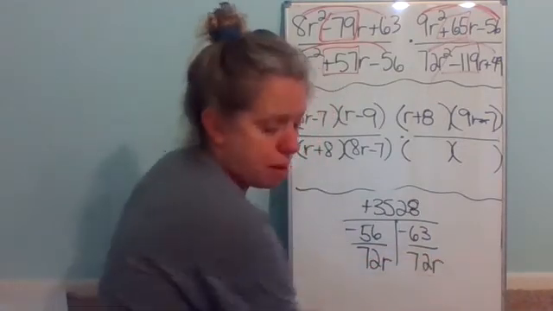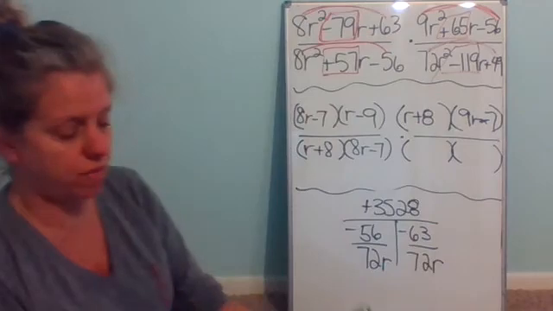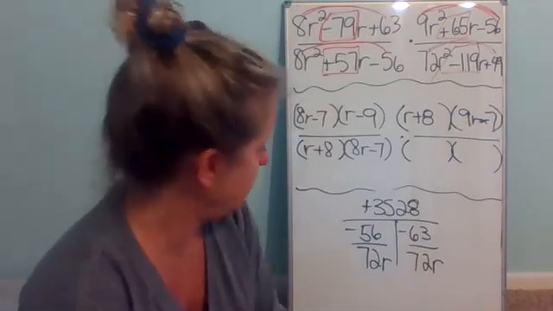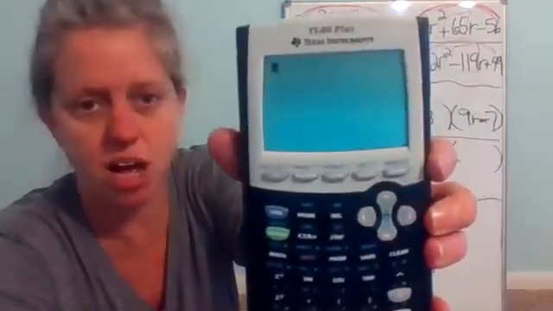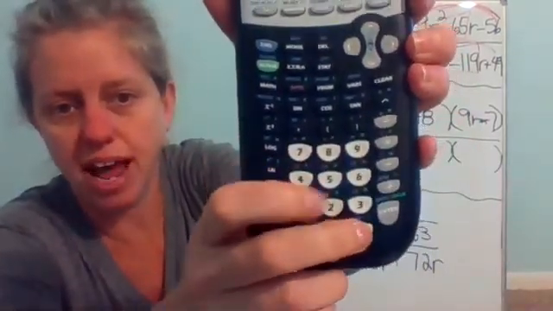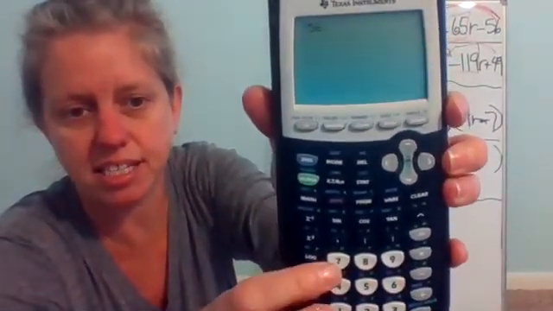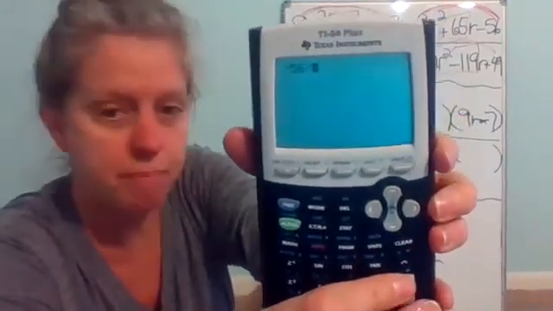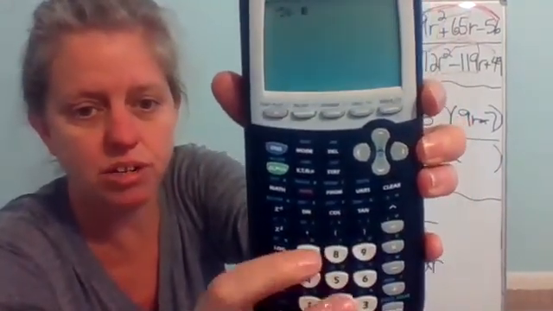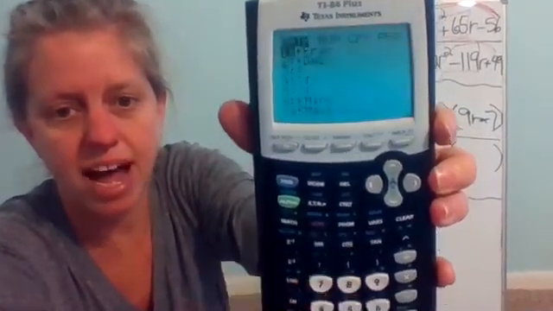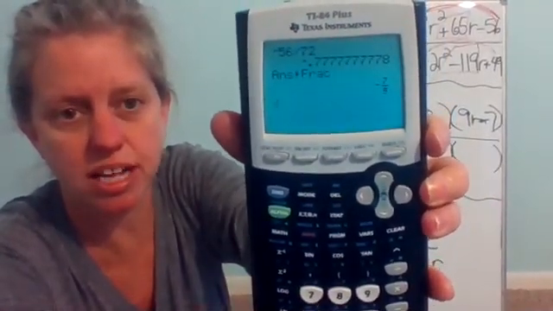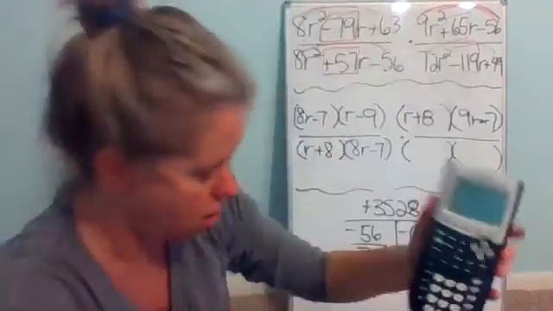But remember, I've got my math enter button to do this work for me. So let's see, my first fraction, I have negative, so back to my home screen. So negative 56 divided by, my denominator is 72. Enter, math, enter. So that's going to reduce to negative 7 over 9.